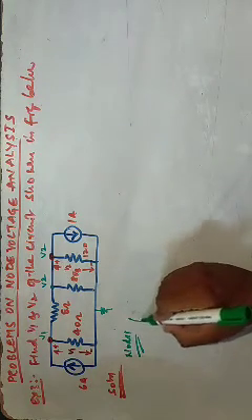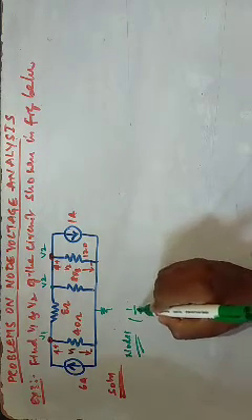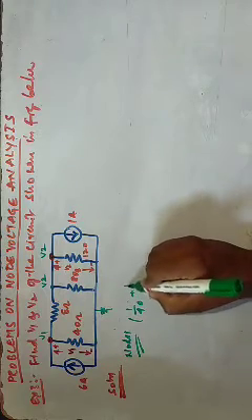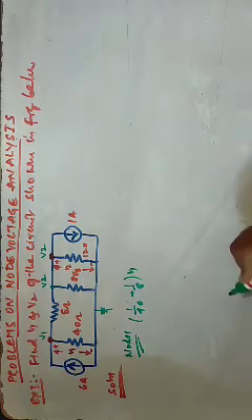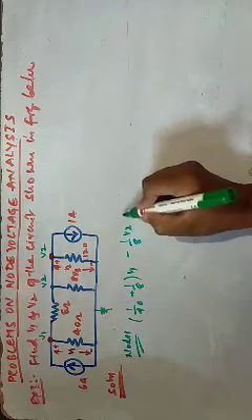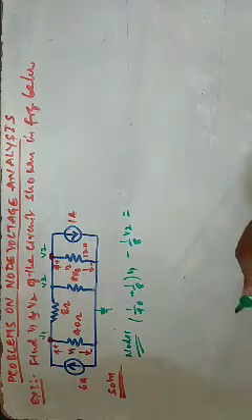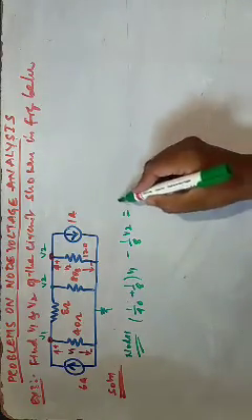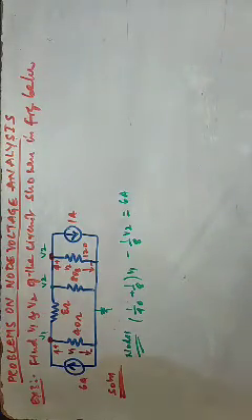So I will write this as 1 by 40 plus 1 by 8 into V1 minus 1 by 8 V2, and the current source is incoming to node 1, so that is equal to 6 ampere.